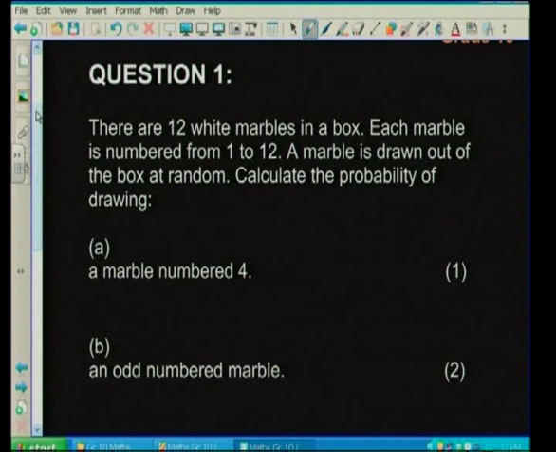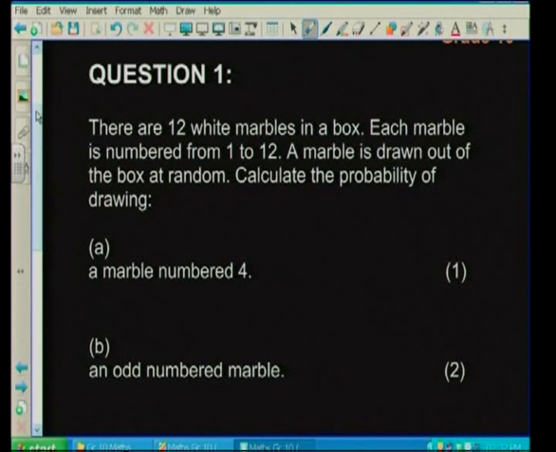We're going to be looking at a lot of practical examples just now where we'll be drawing the Venn diagrams and talking a lot about it some more. So it should become clearer to you guys as we carry on. Now let's have a look at our first question. Our first question doesn't necessarily ask us to draw a Venn diagram. Let's have a look. The question says there are 12 white marbles in a box. Each marble is numbered from 1 to 12.